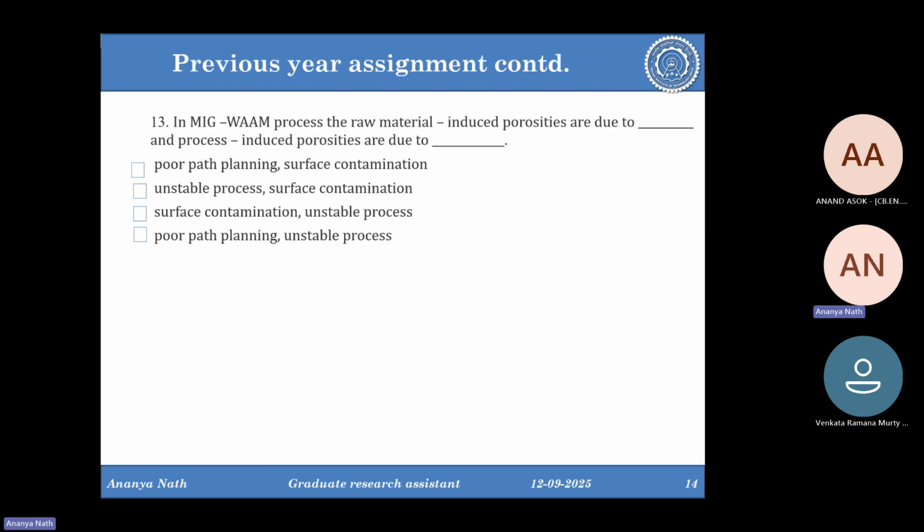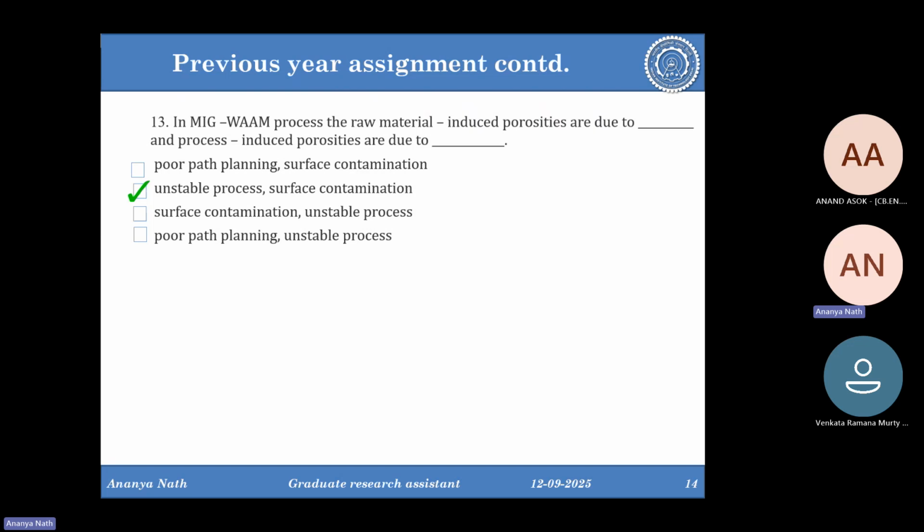In MIG-WAM process, the raw material induced porosity is due to an unstable process, and the process induced porosity is because of surface contamination. So raw material induced porosity is basically because of the unstable melt pool. And the process induced porosity is basically from contamination.